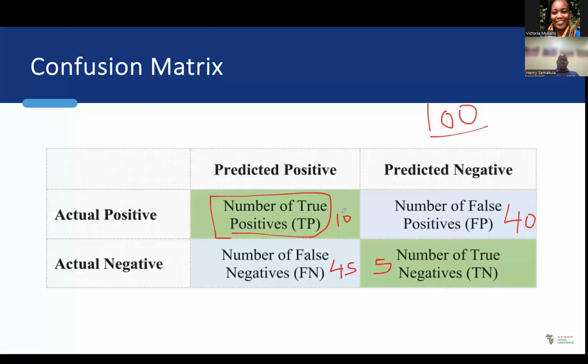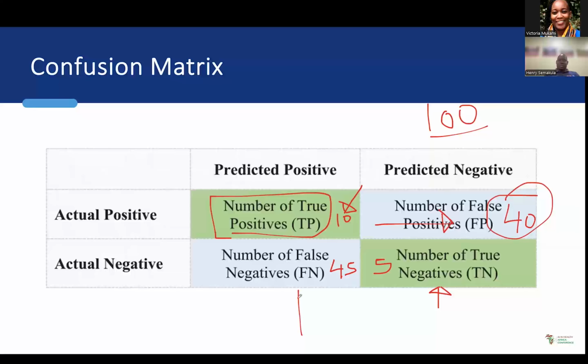The model can only predict true positive values on 10 out of the sample, and can only predict negative values on 5, and it's making a lot of mistakes. The model has made mistakes 40 times, predicting values which are actually negative and referring to them as positive 40 times.